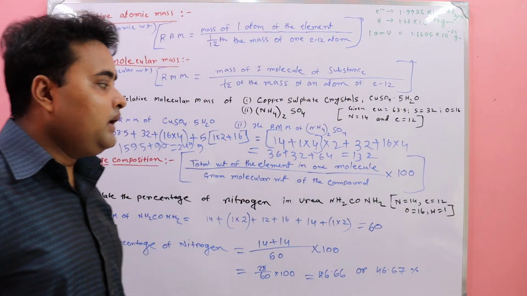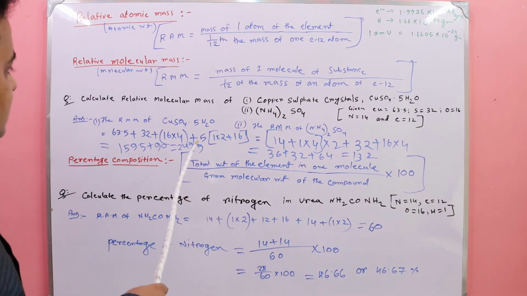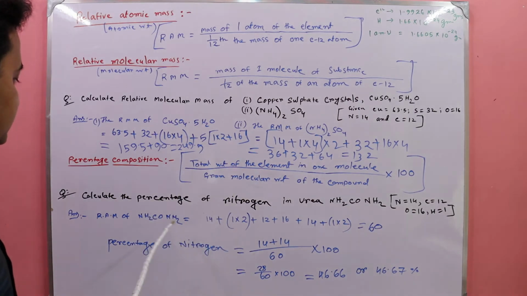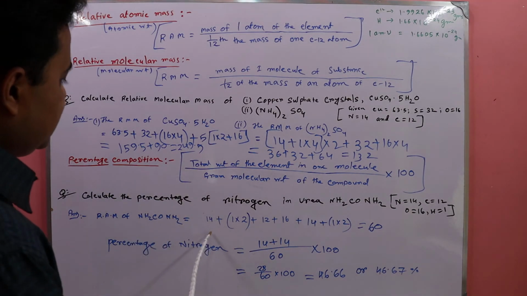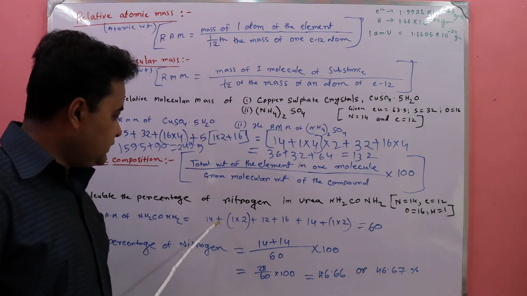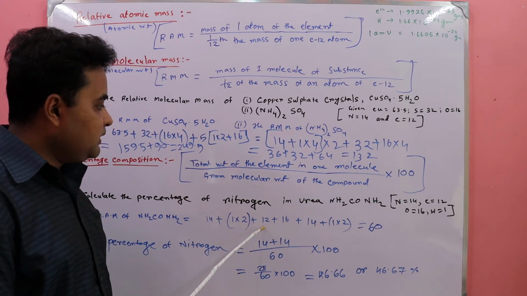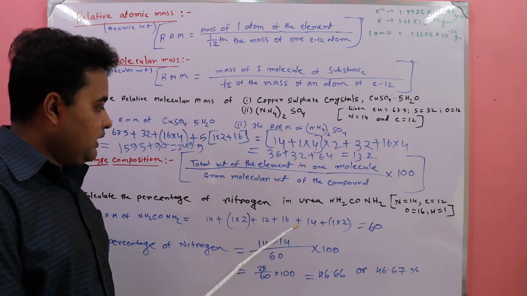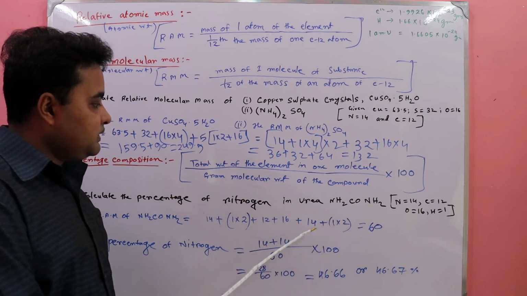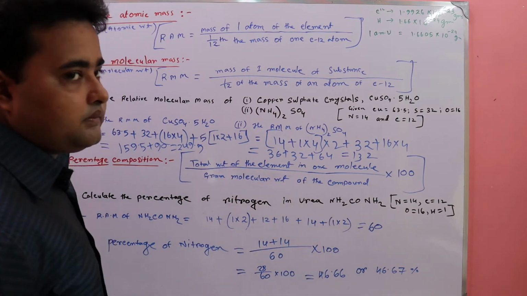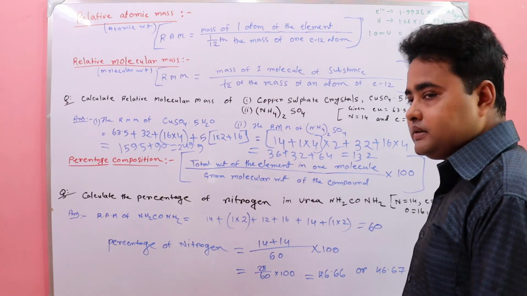Now you have to calculate, like the previous process, the relative molecular mass first. That means N is 14, H is 1 into 2 hydrogens, carbon is 12, oxygen's atomic weight is 16, and again nitrogen is 14 and 2 hydrogens, so the total becomes 60. Clear? Now what will be the percentage of nitrogen?